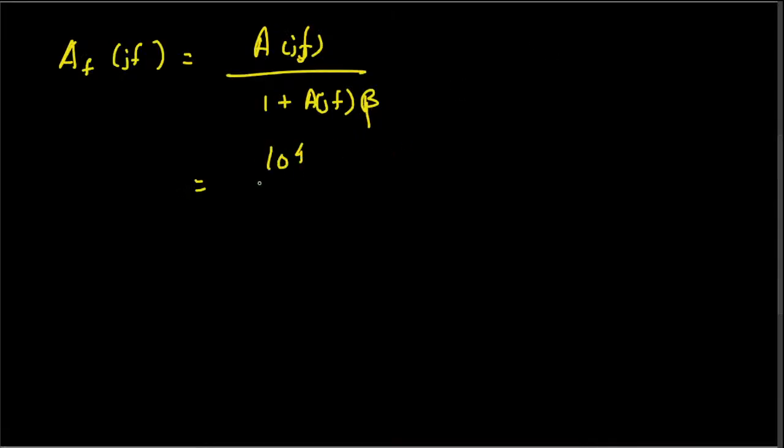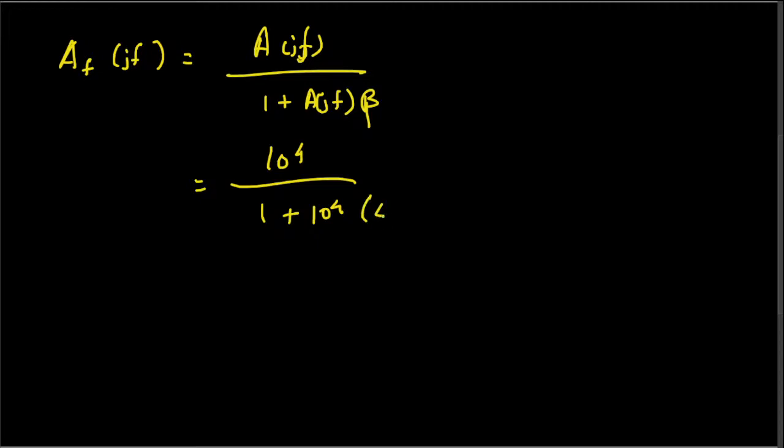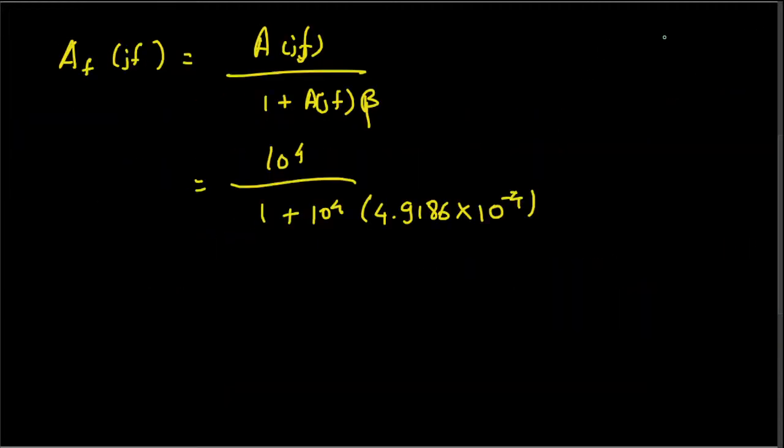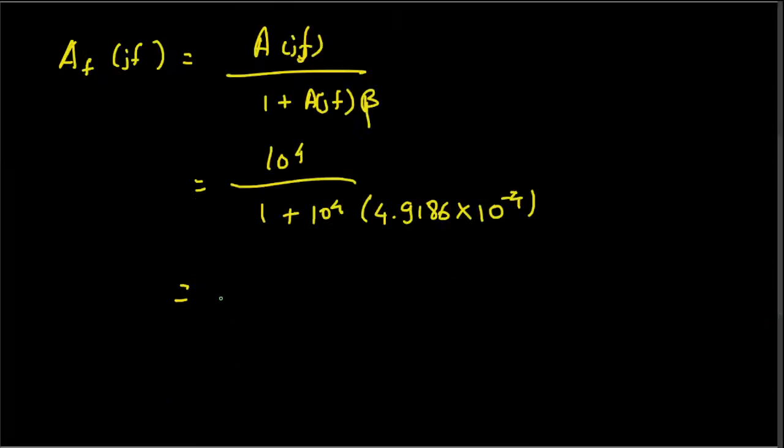So we put 10 to the power of 4 for this, 1 plus 10 to the power of 4 times the beta we calculated, 4.9186 times 10 to the power of minus 4. Is that it? Yes. So from this one you calculate the closed loop gain, and this comes out to be 1.69 times 10 to the power of 3.